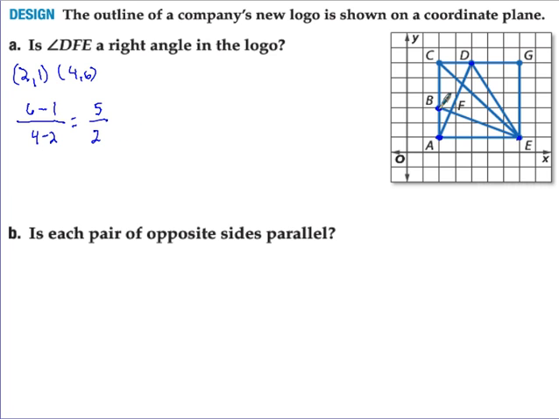Then we need to do the same thing for line BE. I'm going to switch colors so we don't get confused with the numbers here. So line BE has two ordered pairs as well, and we would call those pairs (2, 3) and (7, 1).